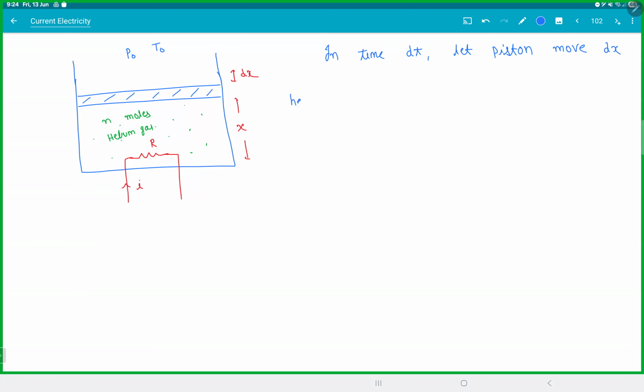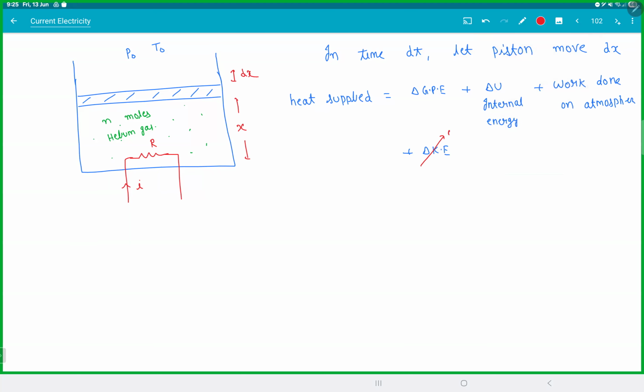So during the small time dt, whatever heat you supplied must be used for changing gravitational potential energy, plus change in internal energy, plus work done on the atmosphere, plus change in kinetic energy.